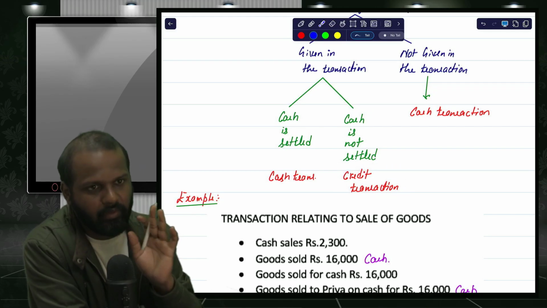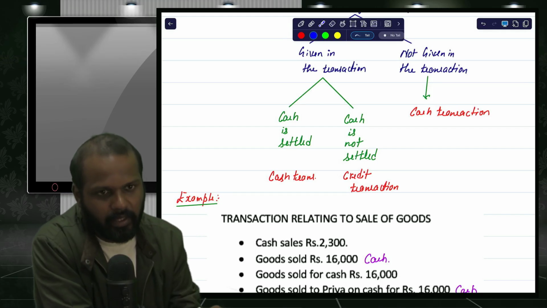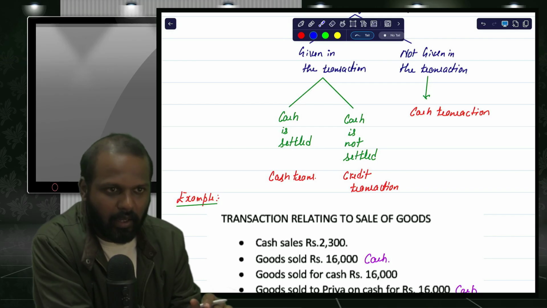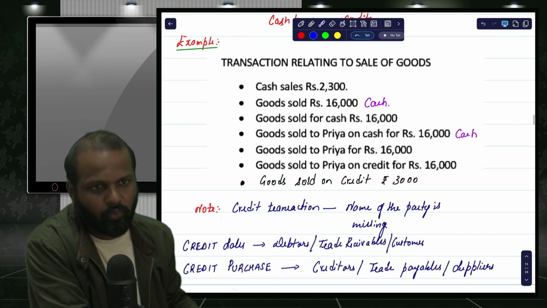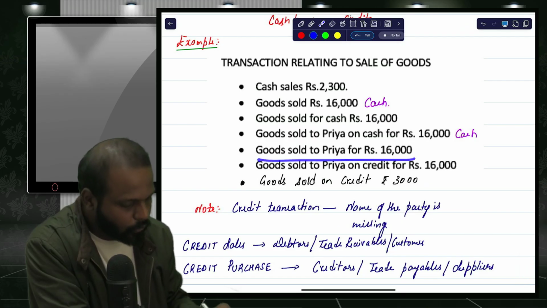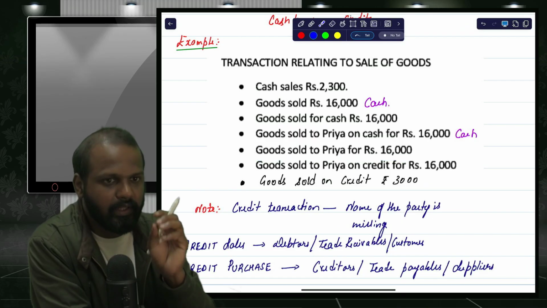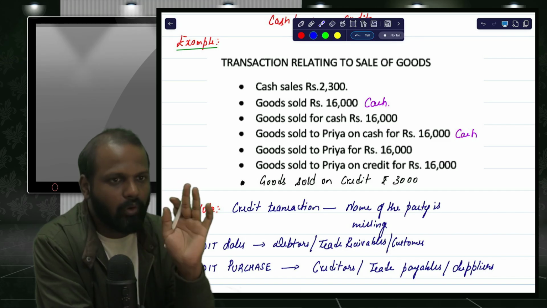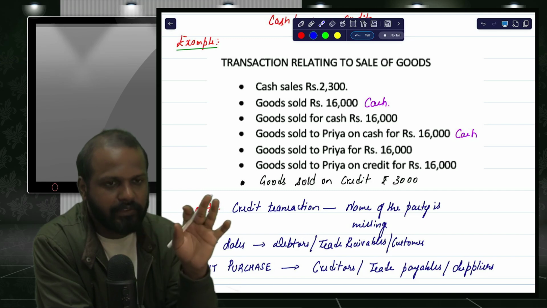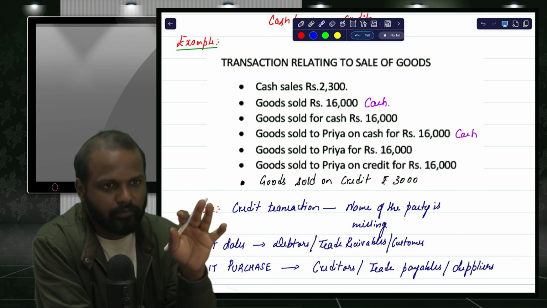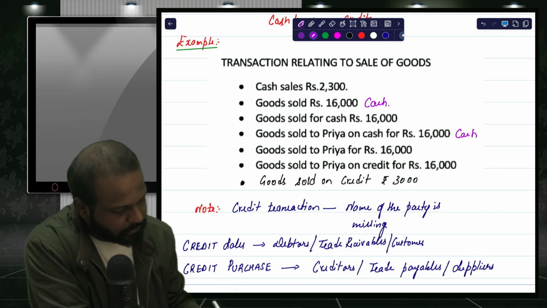Anything relating to cash being settled is not given in the question. Then it is which transaction? Credit transaction. See for example, goods sold to Priya. They have given the name of the person. They have not mentioned whether cash is settled or not. Then it is a credit transaction.